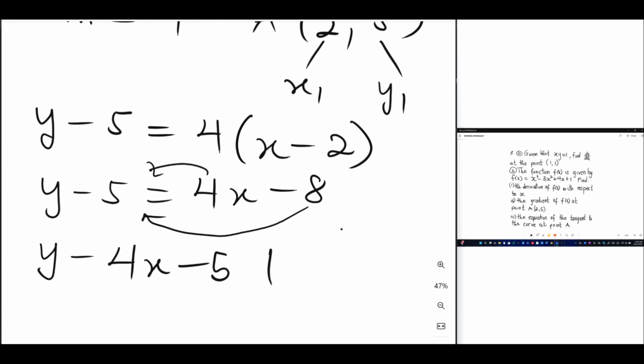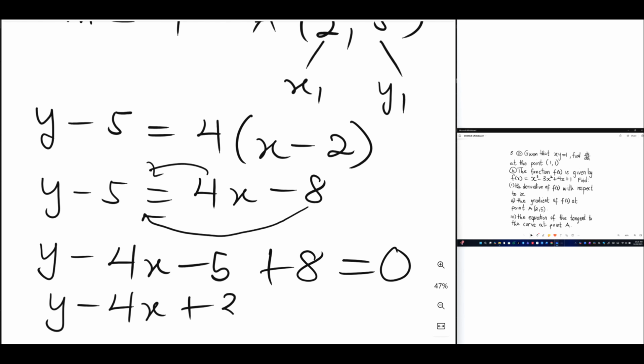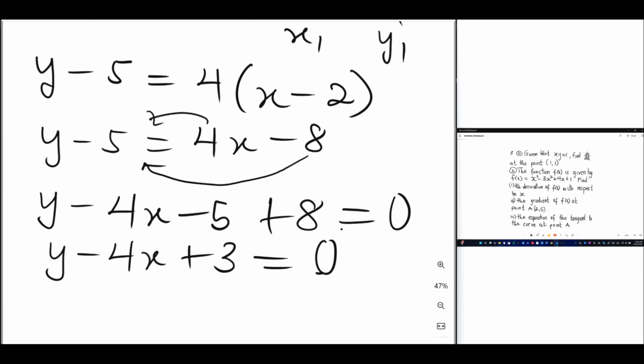So we are going to get it to be plus 8, all equal to 0. This will give us y minus 4x, then negative 5 plus 8 gives us positive 3. Right, so this becomes the equation of the tangent to the curve given. Okay, all right.